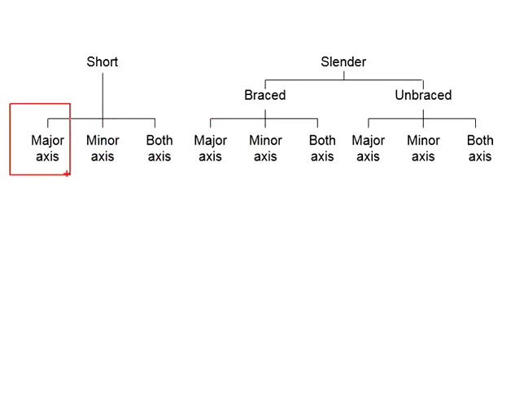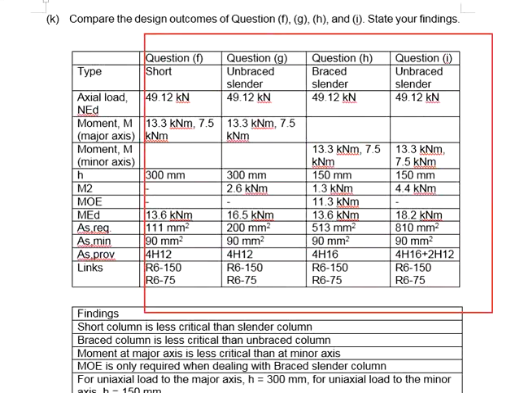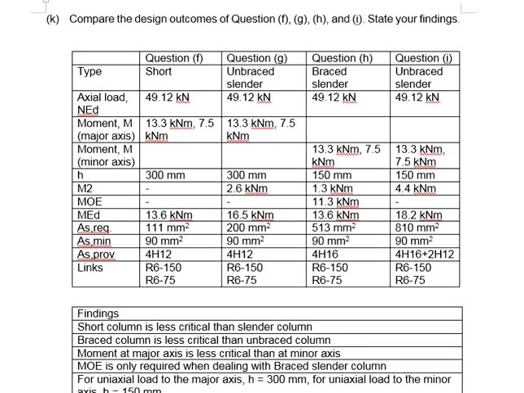Dealing with the major axis and the minor axis moment, you will need to be careful on one thing, that means dealing with the dimensions of the column. For all equations with h, if you deal with the major axis, that means you deal with the larger dimension of the column, which in the example here, if you are dealing with the major axis, your h will be equal to 300 mm.